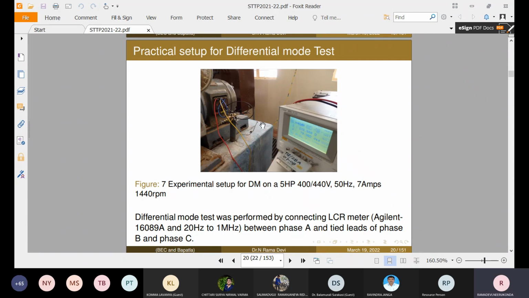Here we are using the Agilent 16089A model, for which the measuring frequency range is 20 Hz to 1 MHz. For different intervals of frequencies, we measured the impedance value and plotted the impedance magnitude curve against frequency changes.